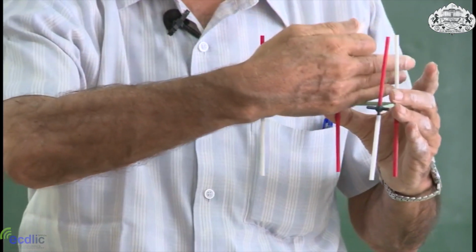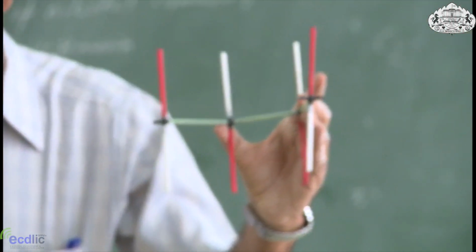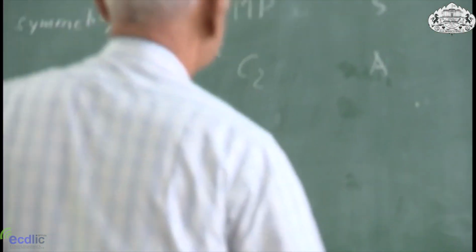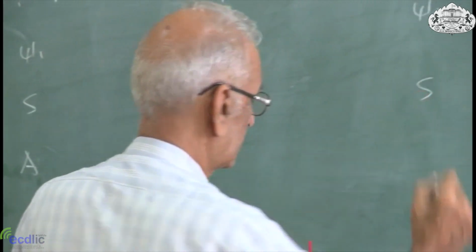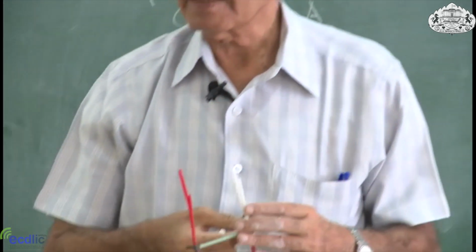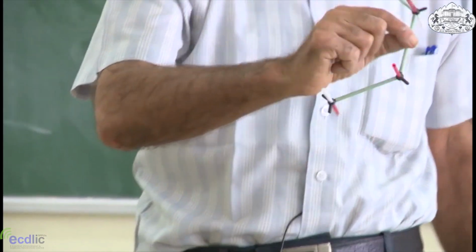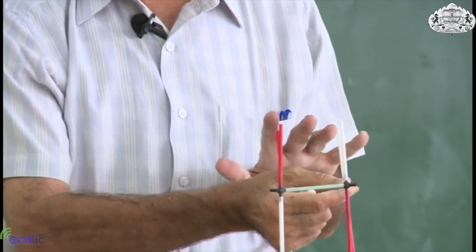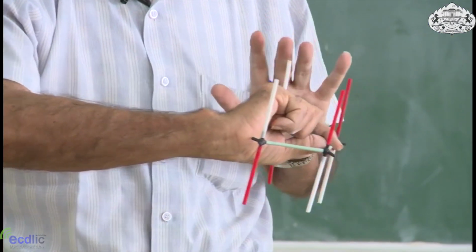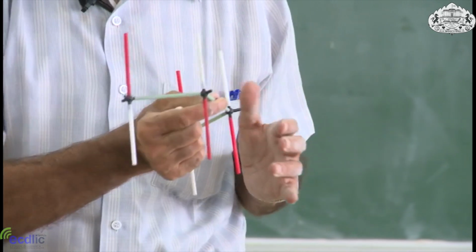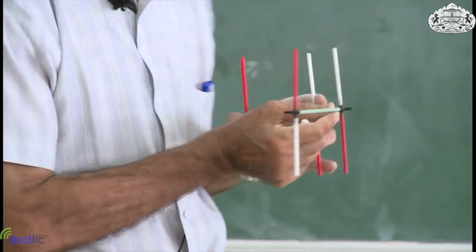Mirror plane, it is symmetric. C2 axis, rotate it. Starting was plus, after rotation starting is minus. Therefore, it is anti-symmetric.